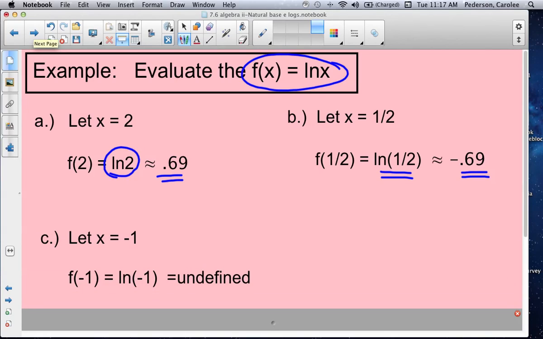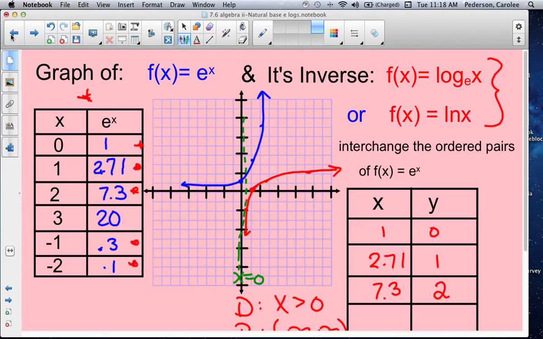And then notice this last one. Let x equal negative 1. When you substitute a negative into the function, what happens is it's undefined. You can't have a negative value for x with a logarithm. The reason why is if we go back to this slide, the red function, notice its asymptote is the green vertical line.